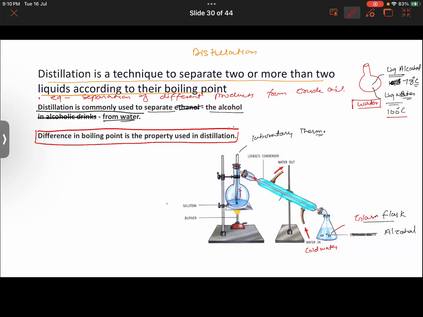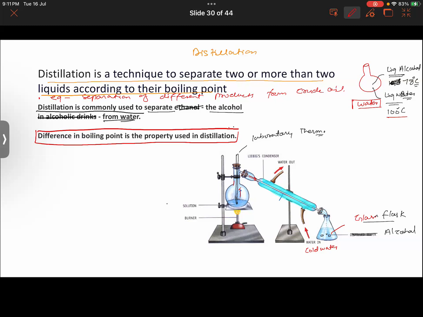So that is how distillation will be done. Distilled water is considered to be the purest form of water because it is free from any impurities.